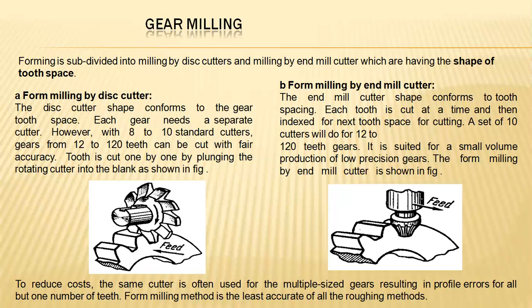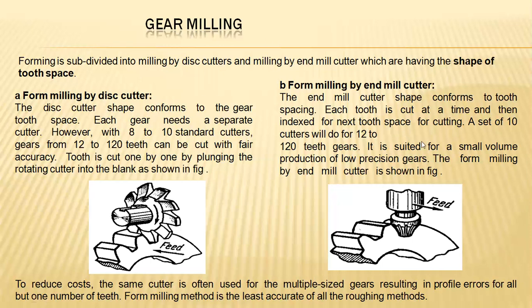Here, in the case of this disc cutter, the tool is fixed in position and the work part will be varied as per the jigs and fixtures, and the work will be done.